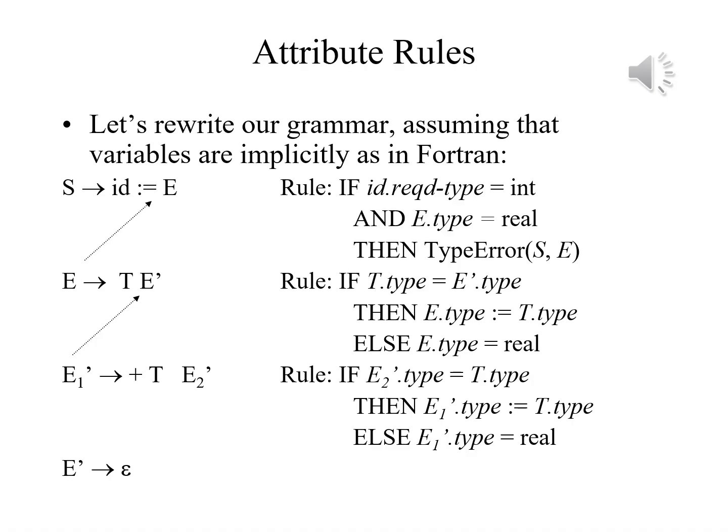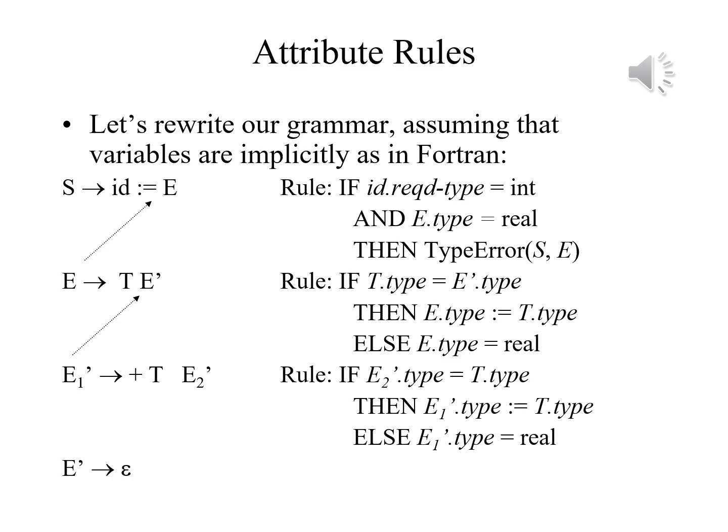We can now rewrite our grammar, and we will assume, for the sake of simplicity, that variables are typed implicitly as in Fortran, where variables with names beginning with I, J, K, L, M, and N are assumed to be integer. Variables beginning with any of the other letters would be real.